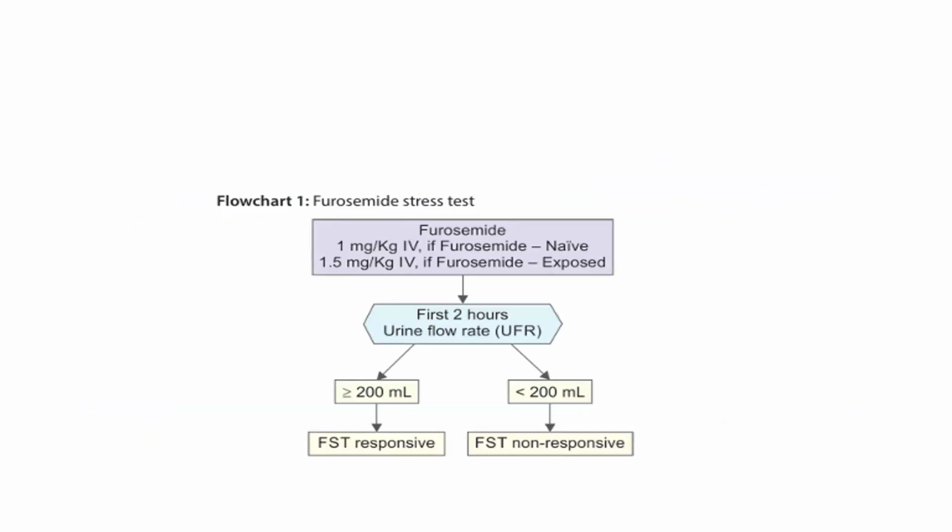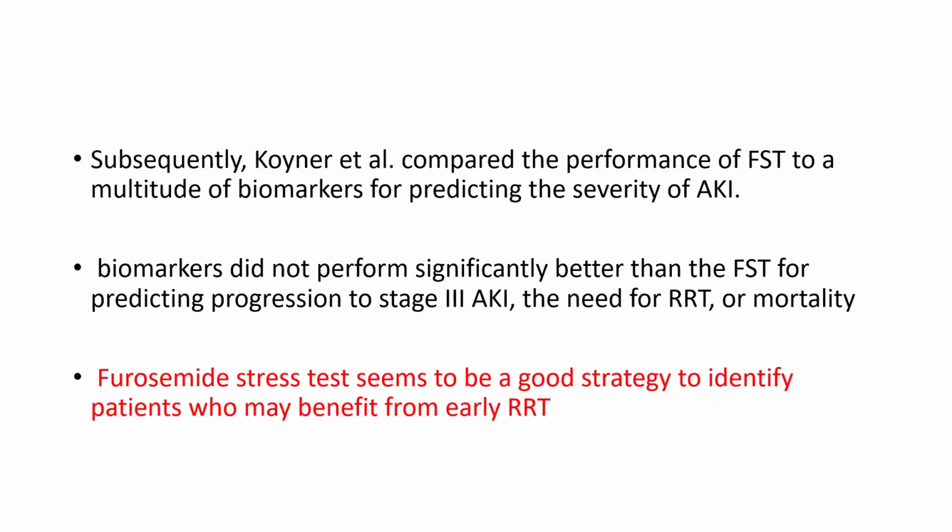That is, 1 mg per kg of IV furosemide in those patients who haven't received furosemide, and 1.5 mg per kg, a little higher dose, in those patients who are already exposed to furosemide. Urinary flow rate was observed in the first 2 hours. If it is more than 200 ml, then it is furosemide responsive. If it is less than 200 ml, then it is furosemide non-responsive.